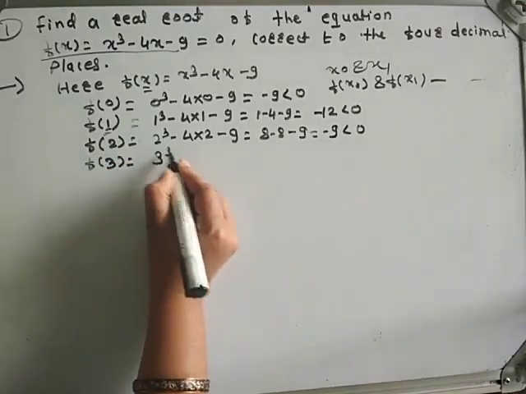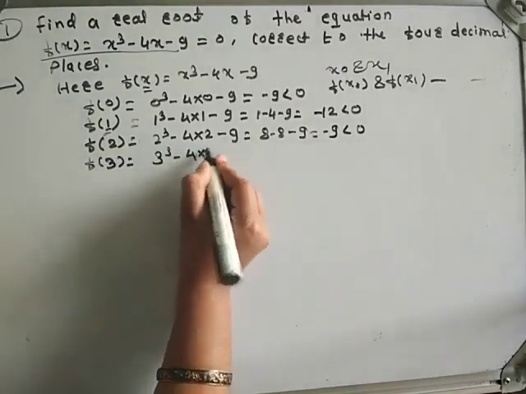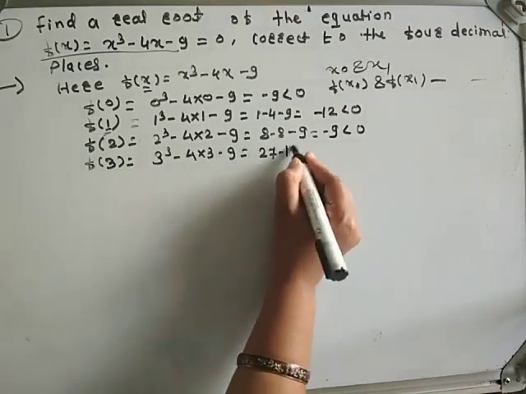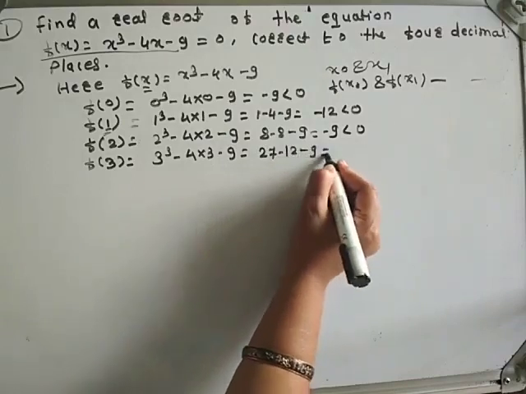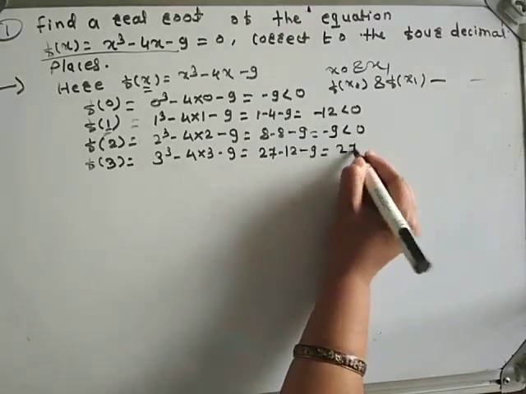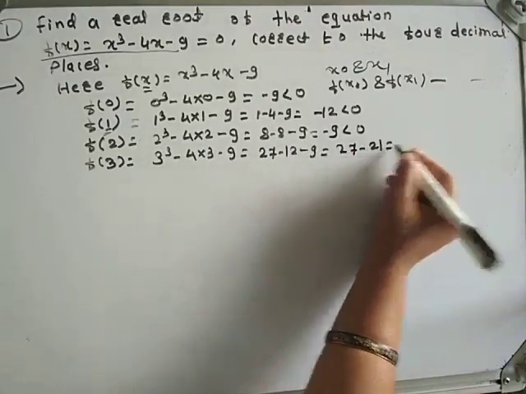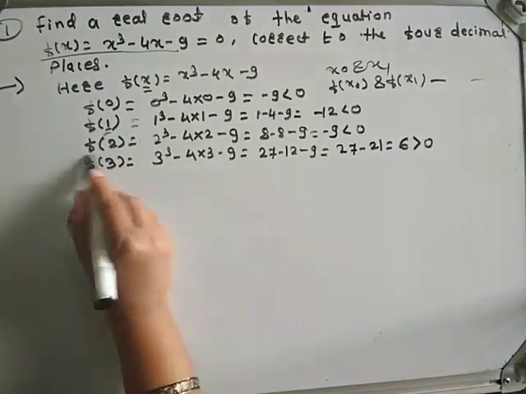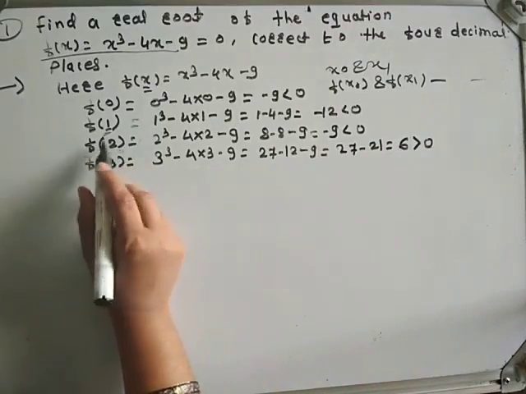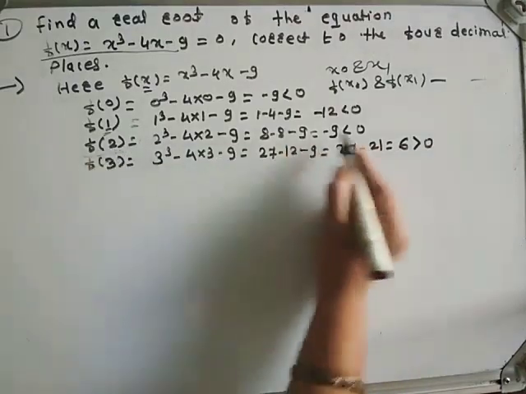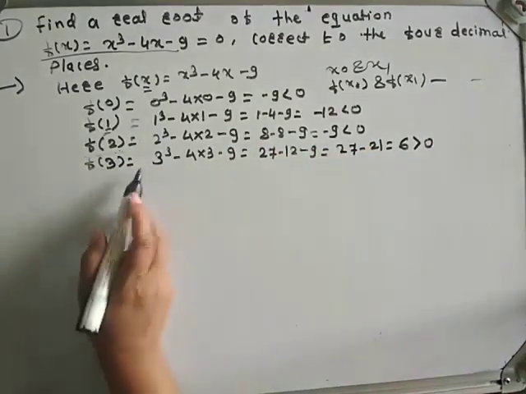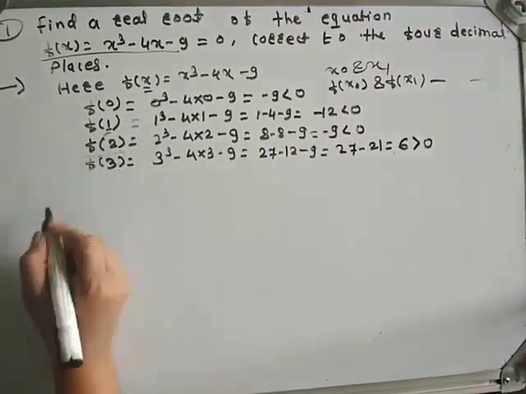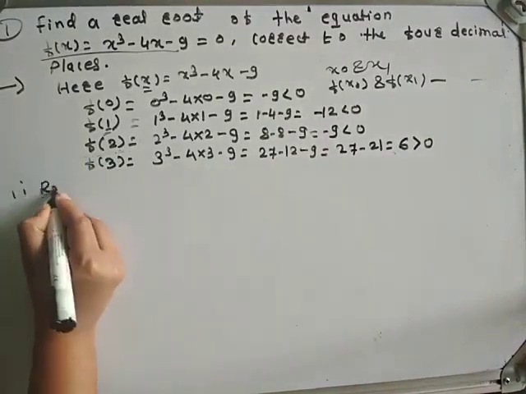We get 3 cube minus 4 into 3 minus 9, which equals 27 minus 12 minus 9, which equals 27 minus 21, which equals 6. This is greater than 0. See here, f of 2 is negative and f of 3 is positive. Therefore, the root lies between 2 and 3.